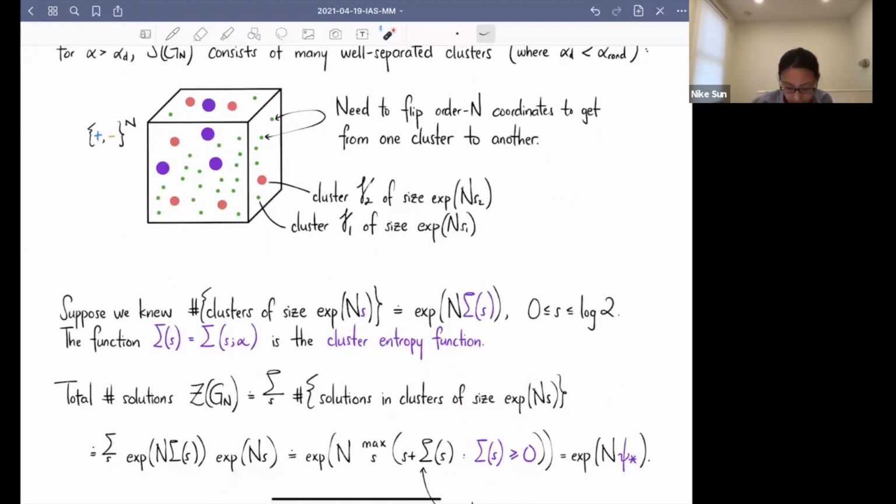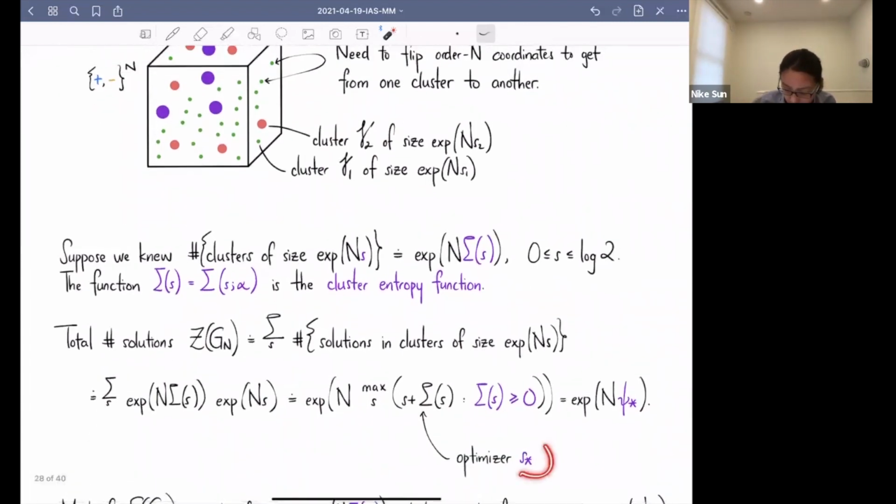So up to some poly n factors, it will roughly be the maximum over s of s plus sigma of s. And I just put here to emphasize that one should restrict to sigma of s being non-negative, because sigma of s being negative means that there are no clusters of that size. So we restrict to this range, and this gives the number of solutions. So if you know sigma, then it will of course tell you everything that you want to know about the solution space.